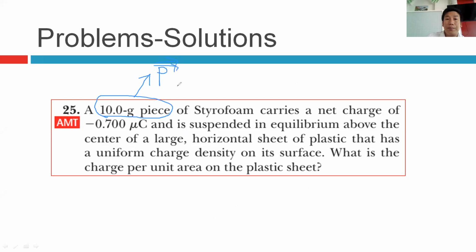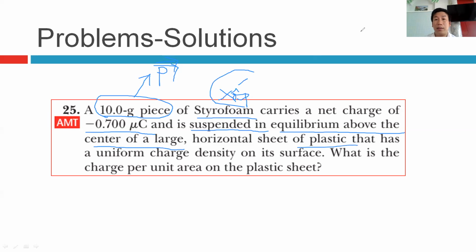Gravity force P. And here the styrofoam, this is one kind of material. It suspends in equilibrium above a large horizontal sheet of plastic.